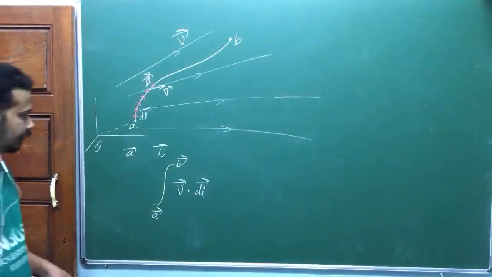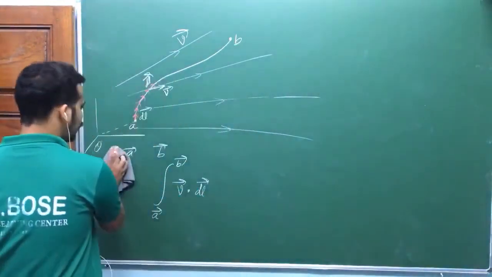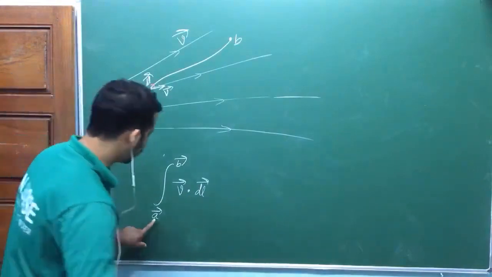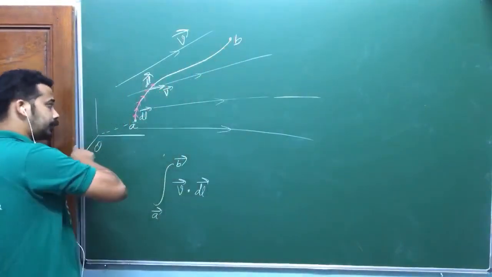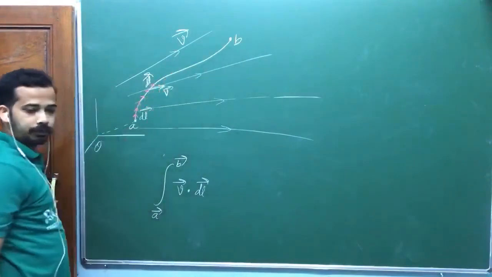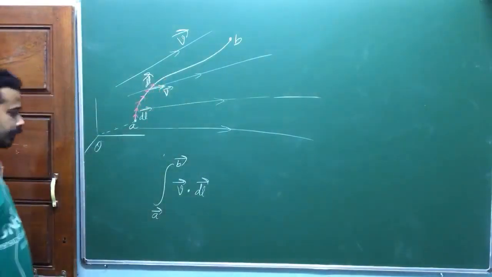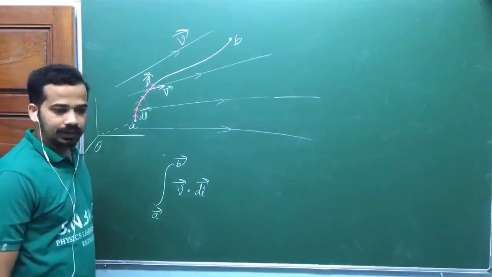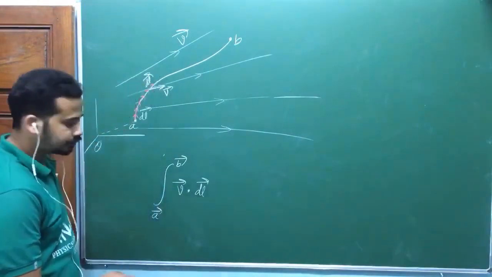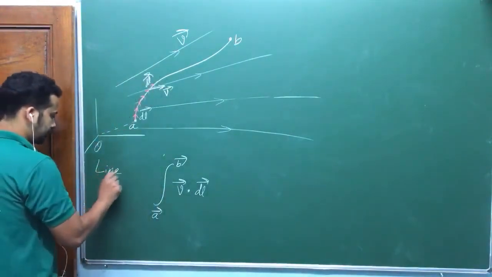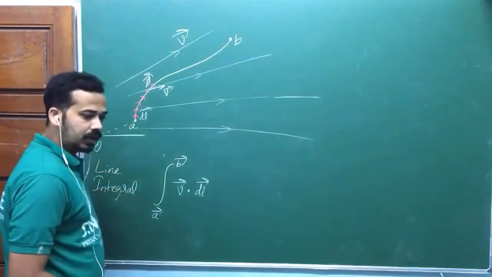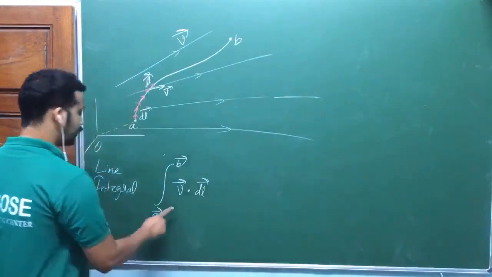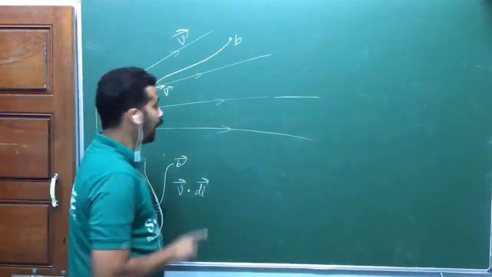A vector is the position vector of point A, B vector is the position vector of point B. Position vector means vector from origin to that point. I hope you know that. We call this the line integral of a vector field from A to B along this path.